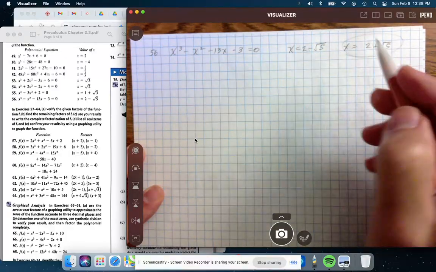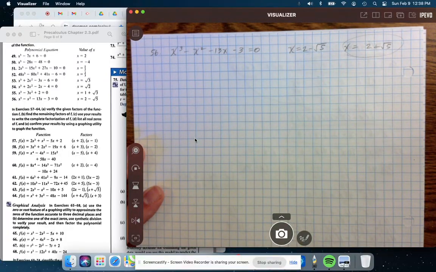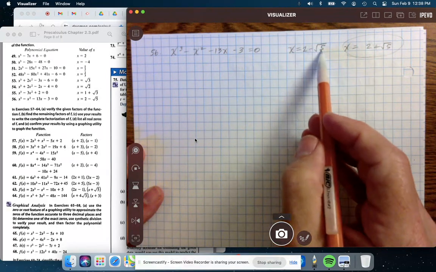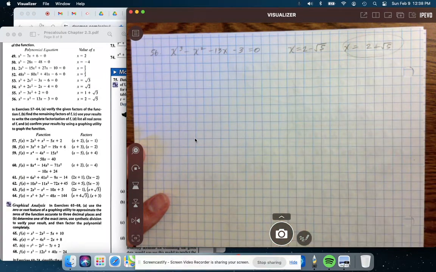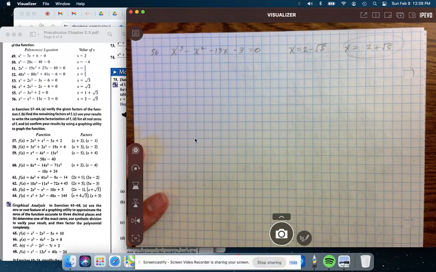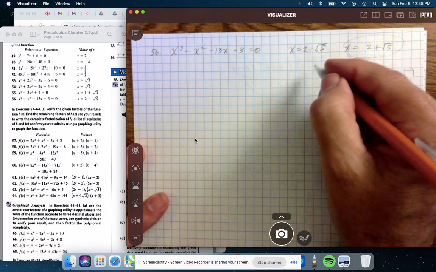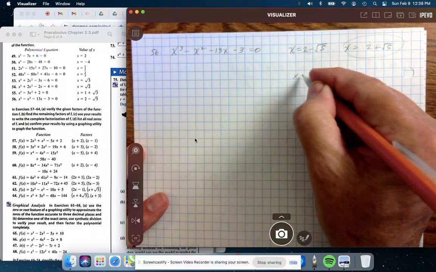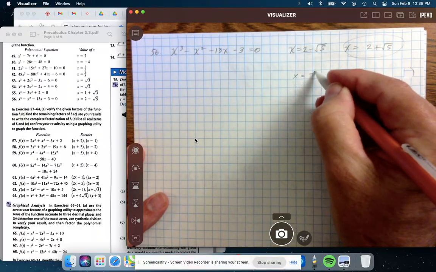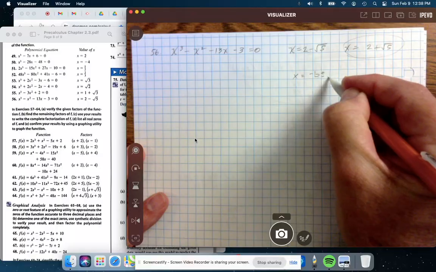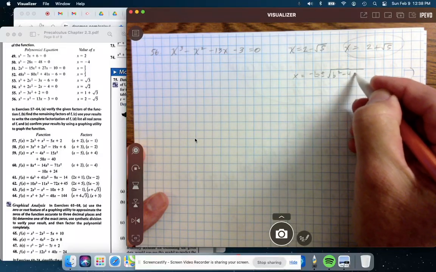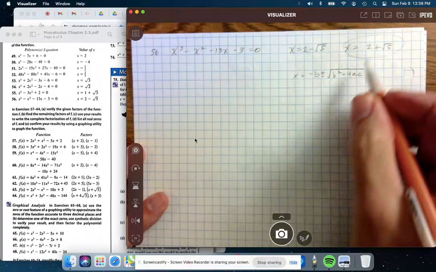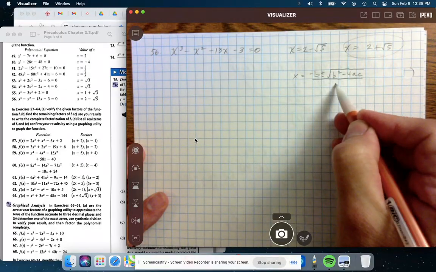So I already know just from experience that if 2 minus the square root of 5 is a 0, then 2 plus the square root of 5 is also going to be a 0. And you kind of know that from the quadratic formula, which has that negative b plus or minus the square root of all this stuff, b squared minus 4ac, over 2a.